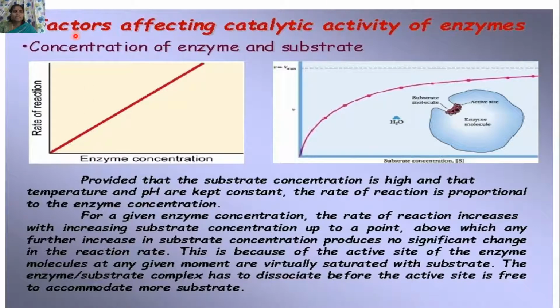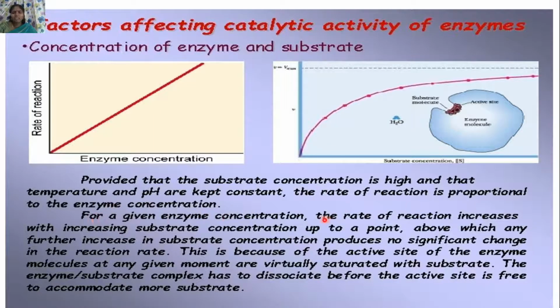In factors affecting the catalytic activity of the enzyme, concentration of the enzyme and the substrate: see here, the enzyme concentration along with the substrate increases the rate of reaction, but with a limited amount of substrate, it becomes a hyperbolic curve. Provided that substrate concentration is high and that temperature and pH are kept constant, the rate of reaction is proportional to the enzyme concentration.